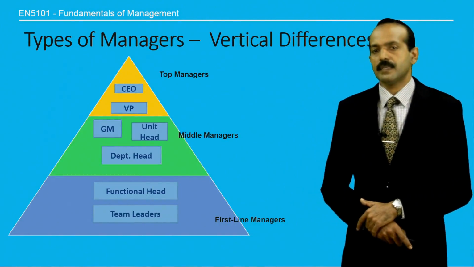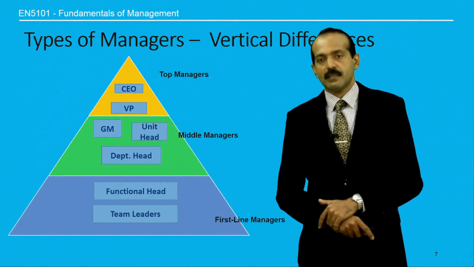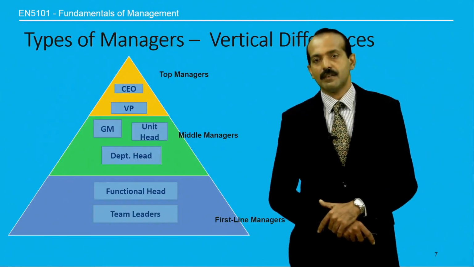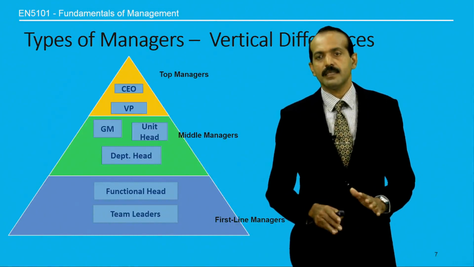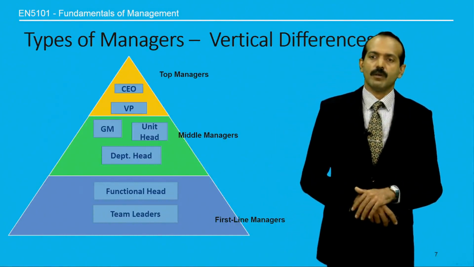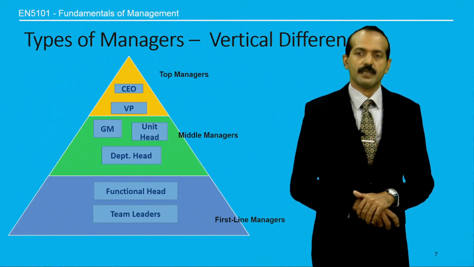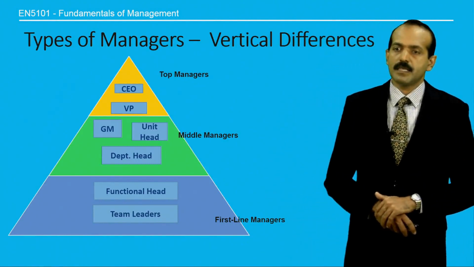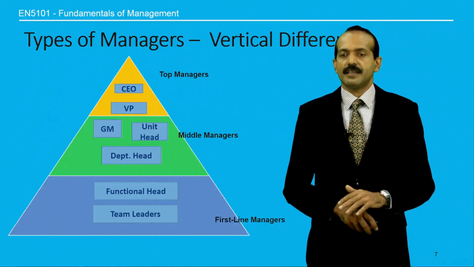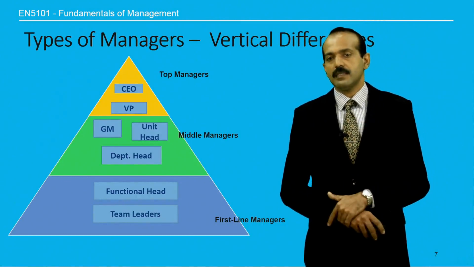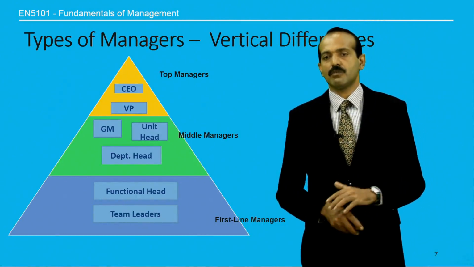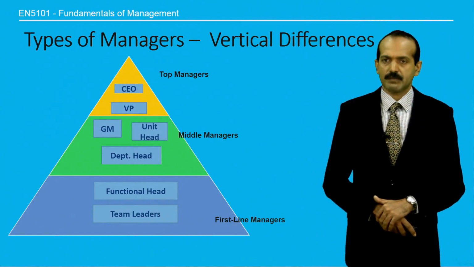Then according to the figure, general managerial position, unit heads, departmental heads are the examples given for middle managers, right. Then functional heads and team leader positions are some positional examples given for the first line managers.